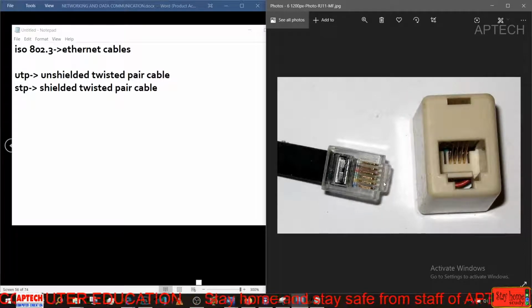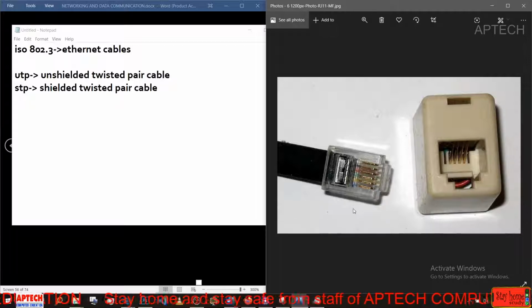This is what they call an RJ11. RJ11 is a very famous one. It's also famous for telephone communication, especially during the olden days. This is what they used to use mostly for telephone communication. It's one of those things you should know how it looks, and the difference between this and this is the connectors. These are only 6 if you count them very well: 1, 2, 3, 4, 5, 6.